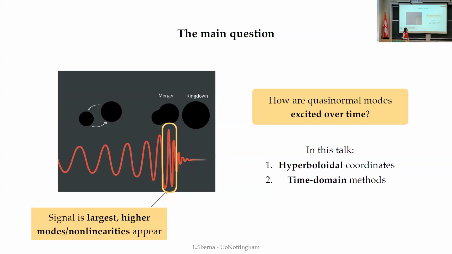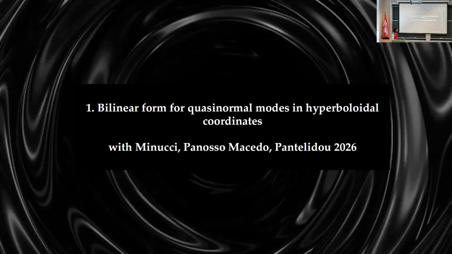And in the second part of the talk, instead, I will abandon partly this mode picture and use some time domain methods. So let's start with the first part. This was work with Marika Minucci, a postdoc at I think the Niels Bohr Institute right now, with Panosso Macedo and Cristiana Pantelidou.